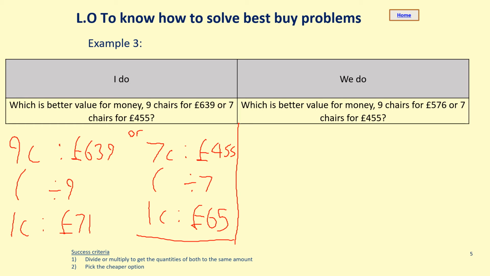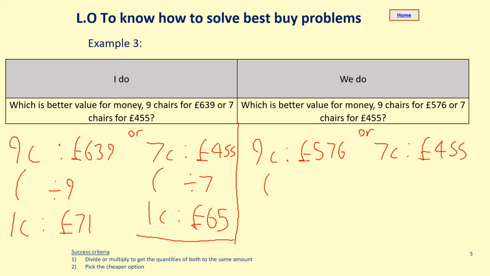Okay, so hopefully you've worked through that second deal. It says, what is better value for money? 9 chairs for 576 or 7 chairs for 455? So in this deal, 9 chairs are going to be 576, or we've got 7 chairs for 455.